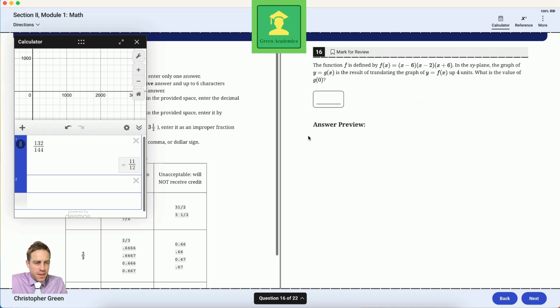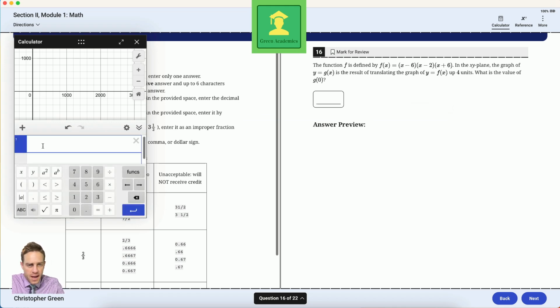Function f is defined by that. In the xy plane, the graph of y equals g of x is the result of translating the graph of y equals f of x up 4 units. So you could graph this and then probably just, well, actually you could graph the transformation also. Let's do it the Desmos way so you can see the picture and leverage technology to the most as you have it available here.